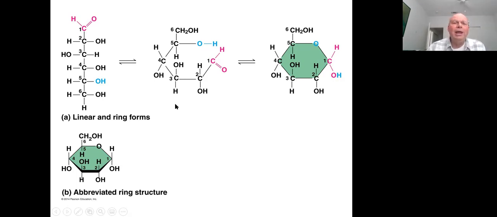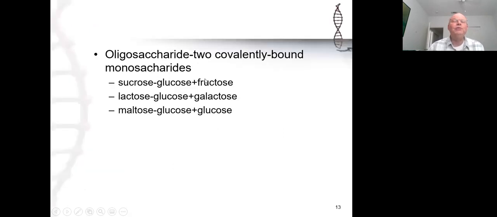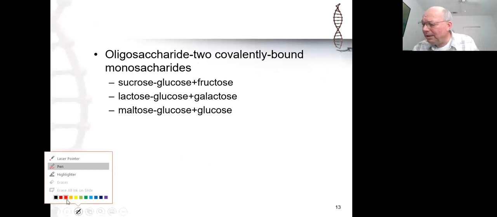So how do we go ahead and link these together to form polymers? If it's this ring form that's the key, how do we go ahead and form the polymers? So the first type of polymer is something called an oligosaccharide.